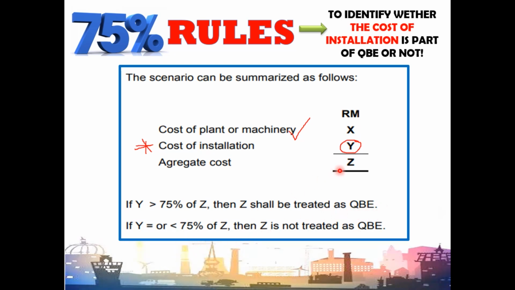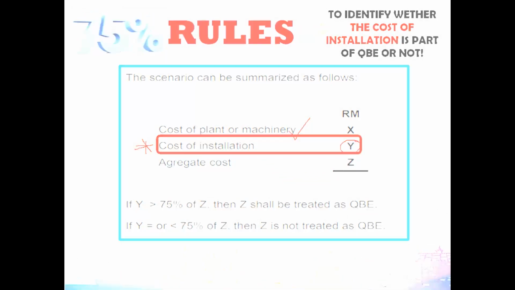However, if Y, the cost of installation, is less than or the same as 75%, then we only take X as the QBE part. So let's have a look at some examples.